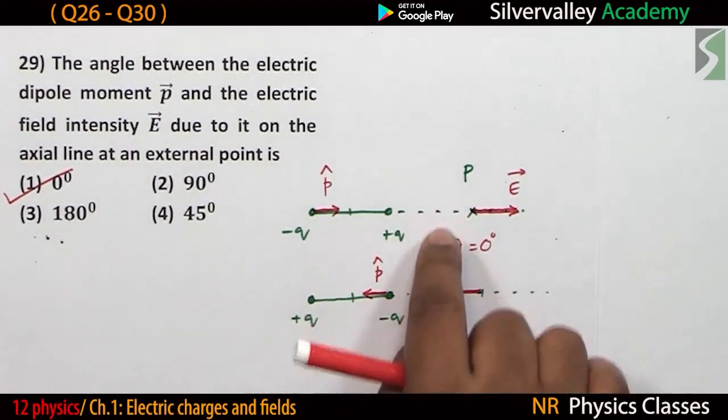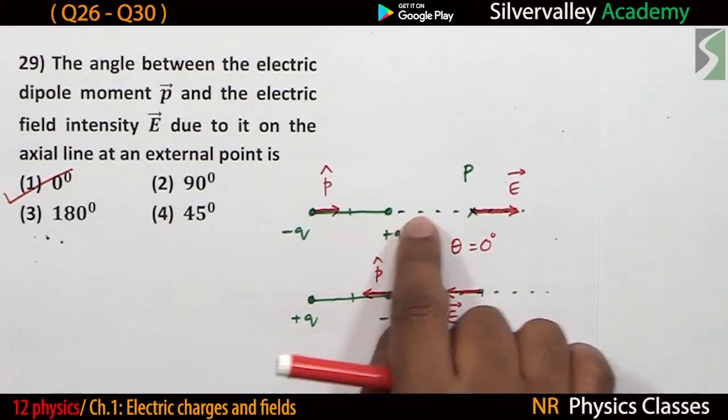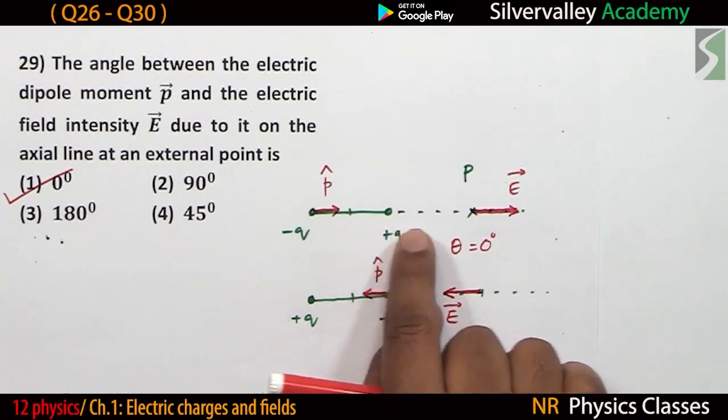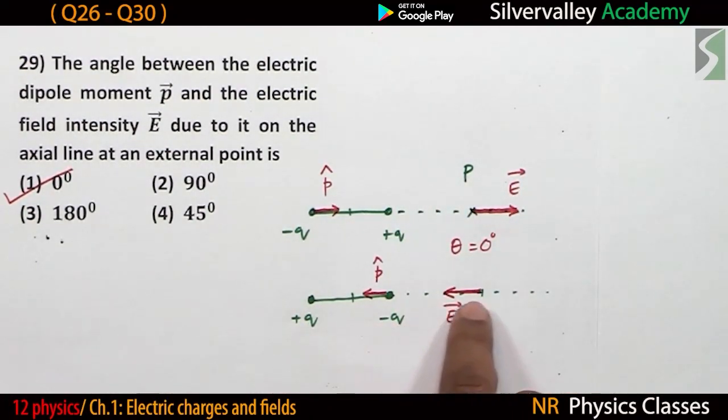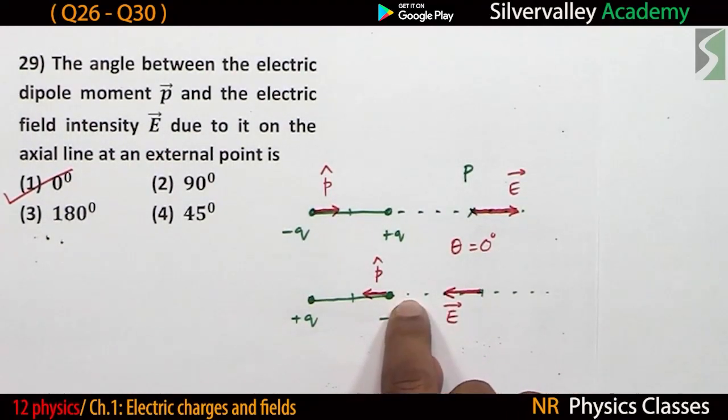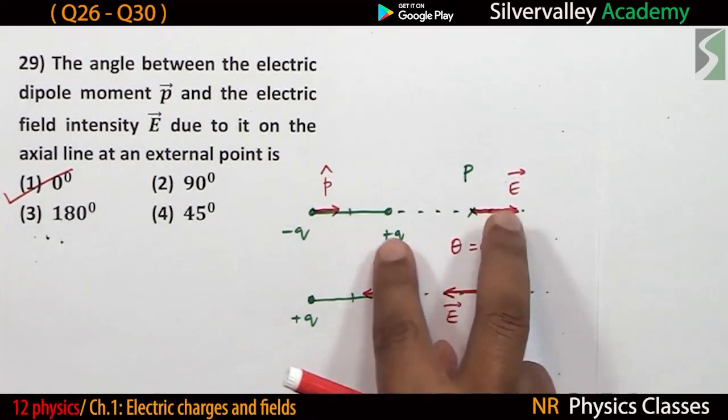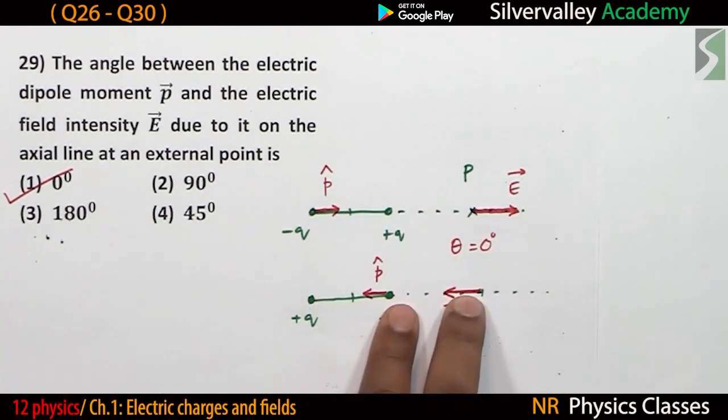What is the difference? If point P is closer to the positive charge, the electric field is away from the dipole. If point P is closer to the negative charge, the electric field is towards it. But in both cases, the angle between these two is 0 degree.